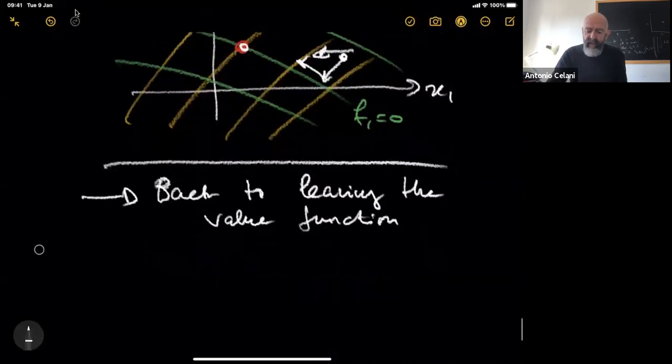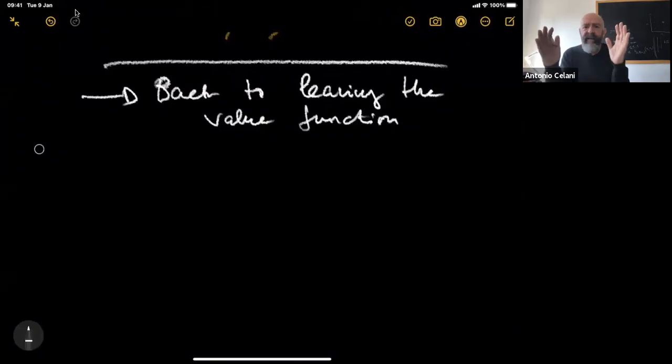Okay, so let's just schematically recap what the analogies are. So this is going to be now a table of analogies between the simple situation we've been discussing and the language of temporal difference learning, that is function approximation, stochastic approximation for the value function.